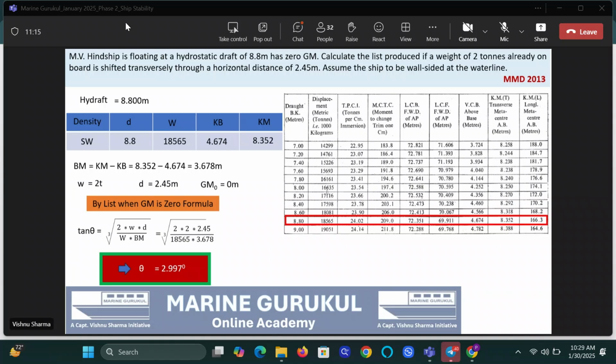For square root, you don't put 2 outside the symbol, but when it's cube root, you need to put 3 outside the symbol that you have used. So please be careful. In a hurry, don't mess it up. This was MMD 2013. I don't remember seeing it thereafter, but then you never know.